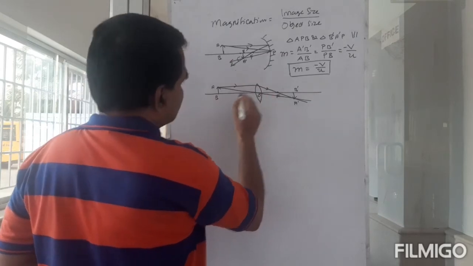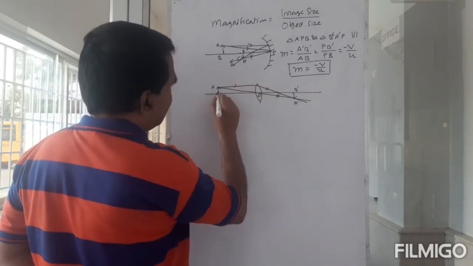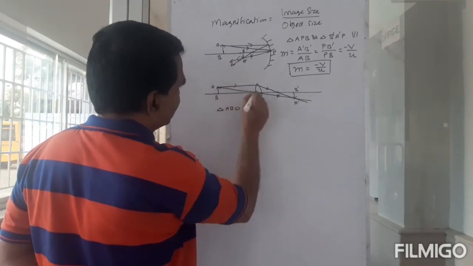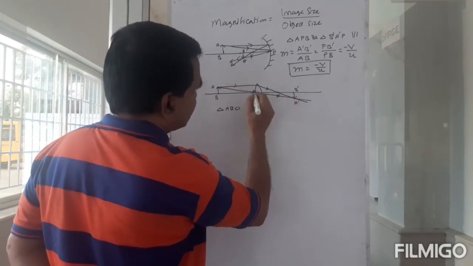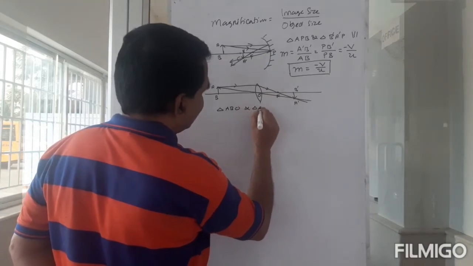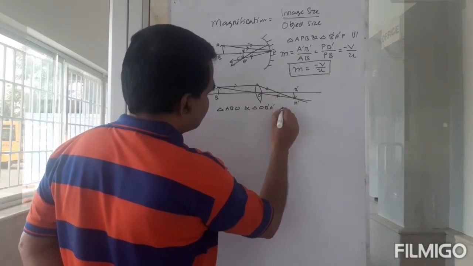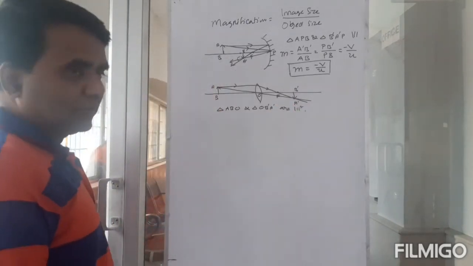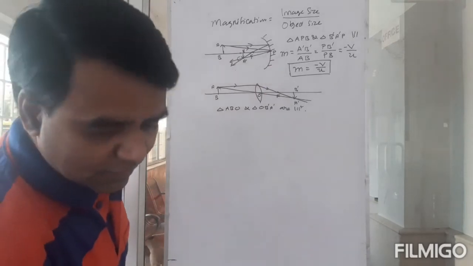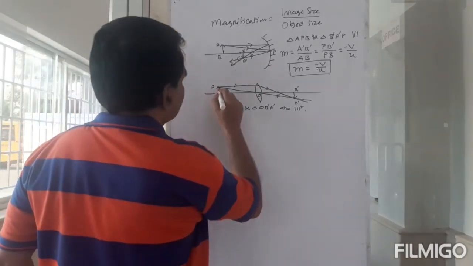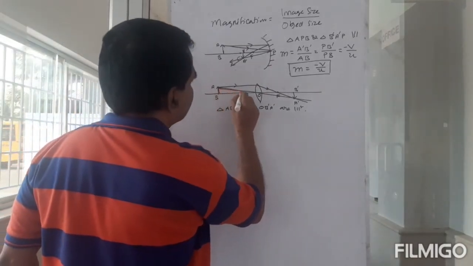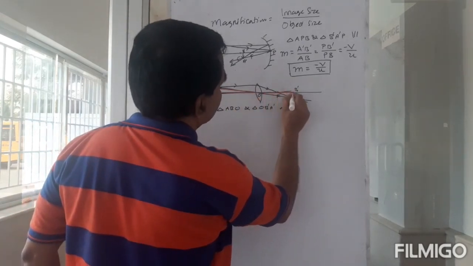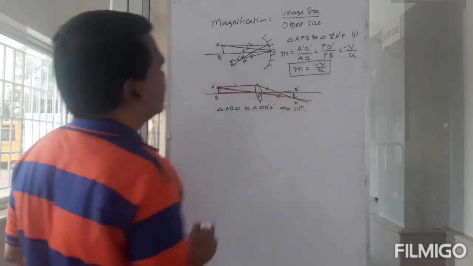Look at this. In this case, triangle ABO and triangle OB dash A dash are similar. Let me draw that in a different color. This triangle and this triangle are similar.